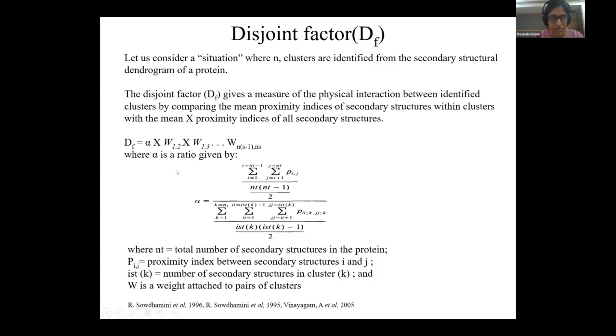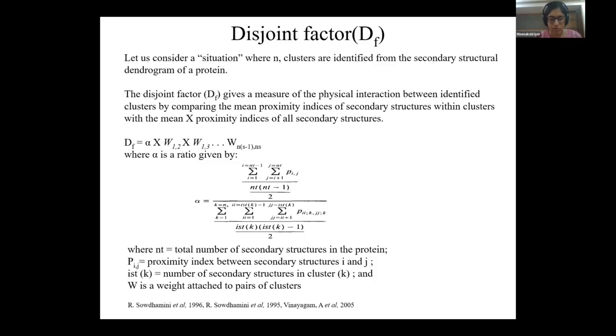And here in this case, alpha is a ratio which is an expression of the total number of secondary structures within the protein, the proximity index calculations between the secondary structures, the number of secondary structures within each of the clusters, and the weight attached to each pair of clusters. After this disjoint factor calculation, for each possible scenario, we get multiple disjoint factors.